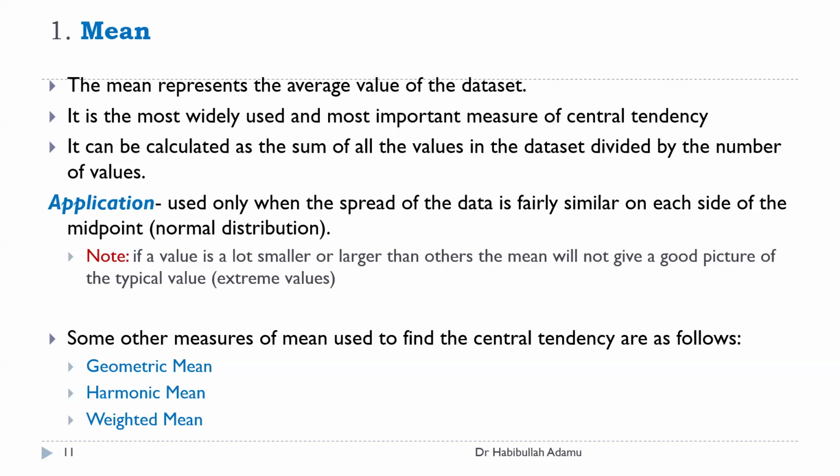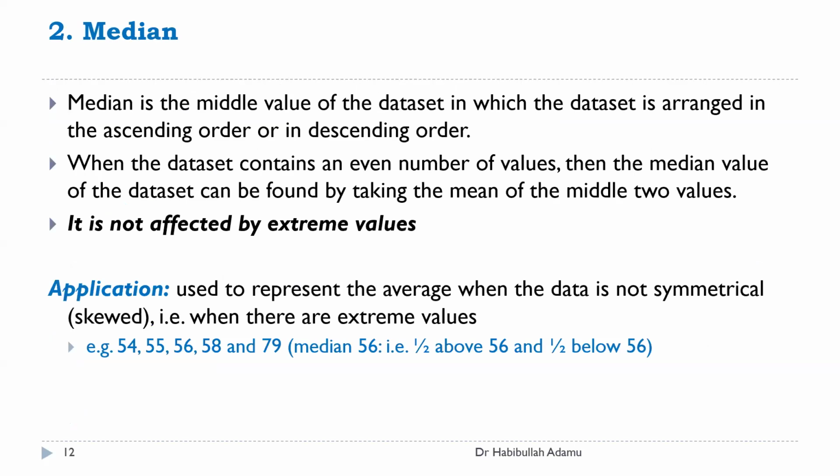But mainly it is the arithmetic mean that we use, especially in most biomedical researches. So median, on the other hand, also measures the average. However, it is mainly applied if the data is not normally distributed. So that means if it is skewed.